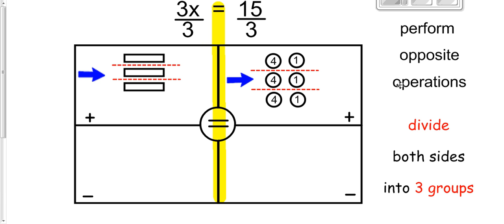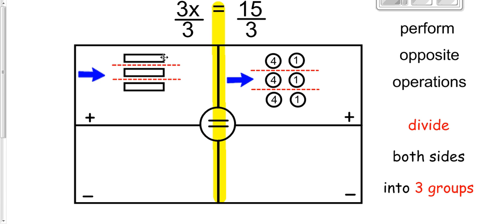The second opposite operation we need to perform is division. Let's divide both sides into 3 equal groups, because right now I know that 3x is equal to 15, but my goal is to find out what is the value of 1x. So if I divide into 3 equal groups on both sides of the mat, I can find out the value of just 1x.